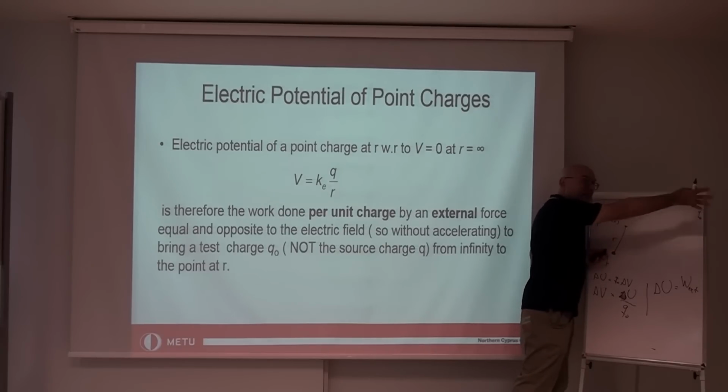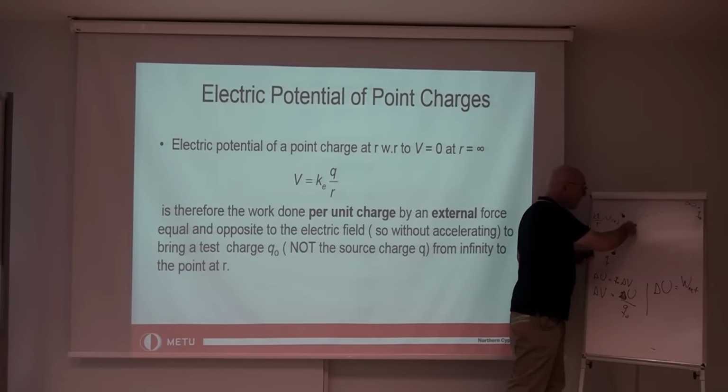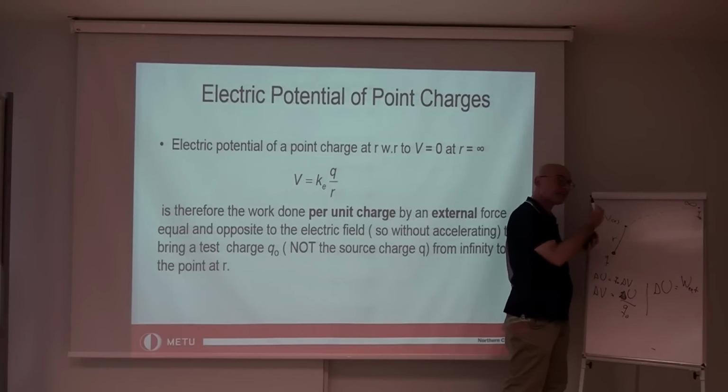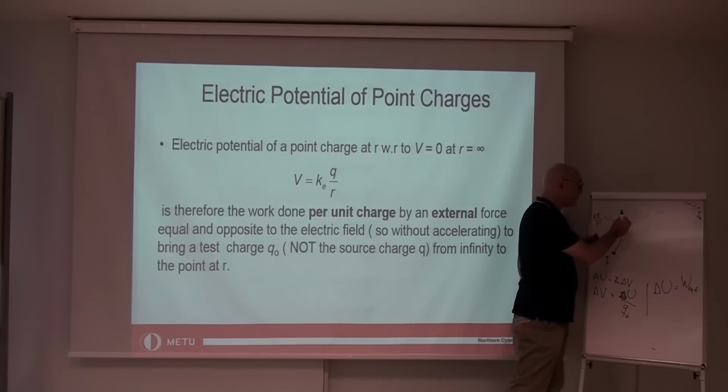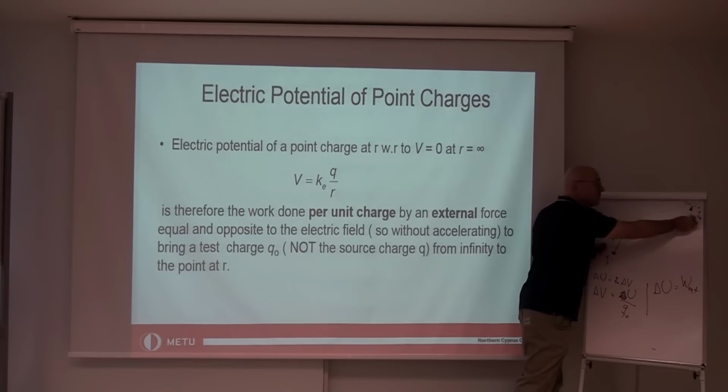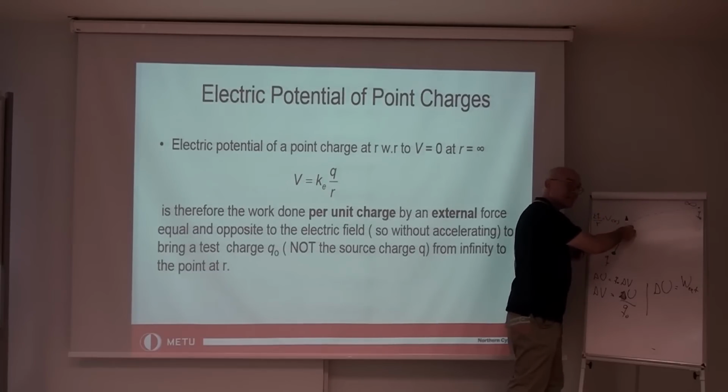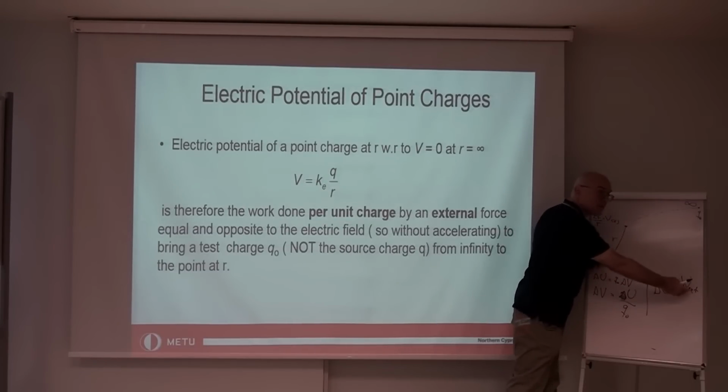The initial position, I take it at infinity, and I bring it to this position r. Now, this external force does work in a manner that does not change the kinetic energy of this point charge. So if it was at rest at infinity, I bring it very slowly so that it's still at rest when I bring it to this point. Under this condition, this is true.